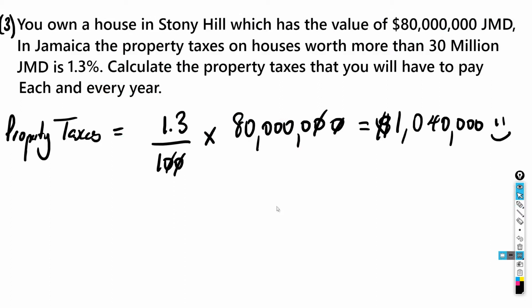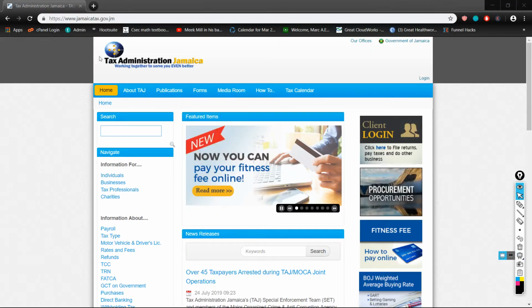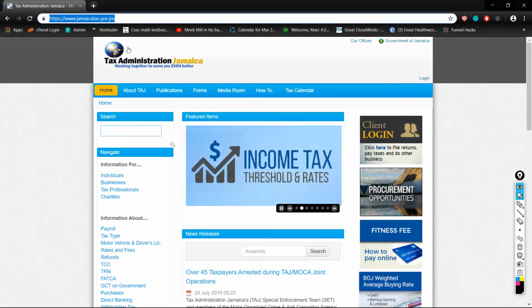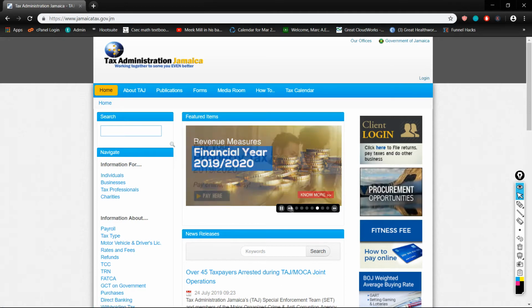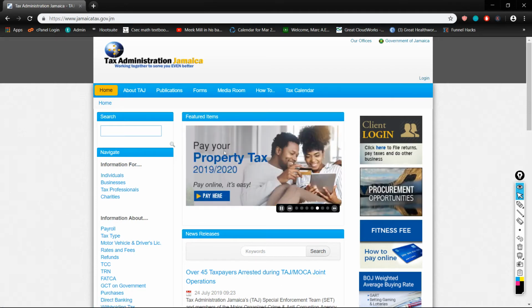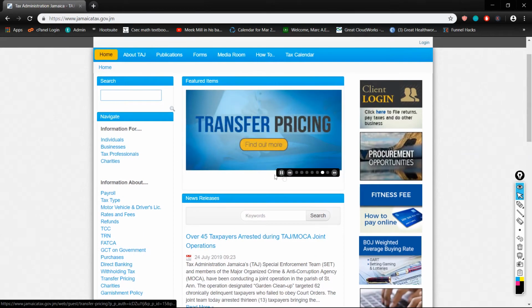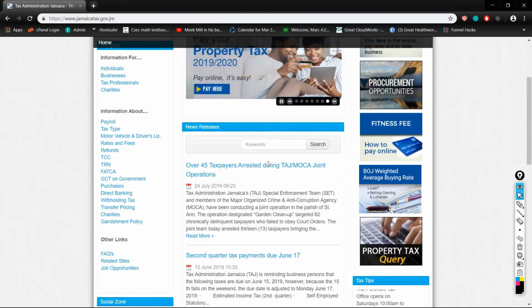And all right, guys, so we're gonna look at a short real life example. Okay, guys, so we're actually on the Jamaican tax government page. It's jamaicatax.gov.jm, right? As you can see here, we're actually seeing pay your property tax online. It's easy, right? So those of you who own a house in the future, remember you can pay your property taxes online.